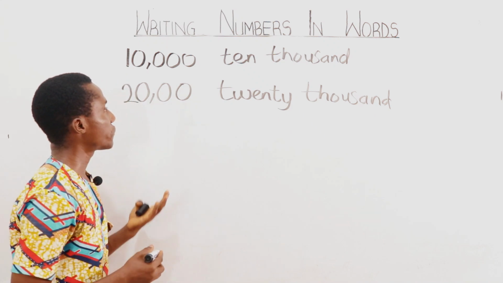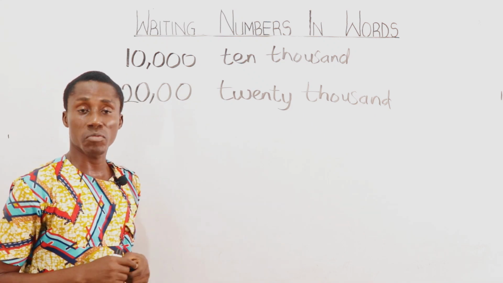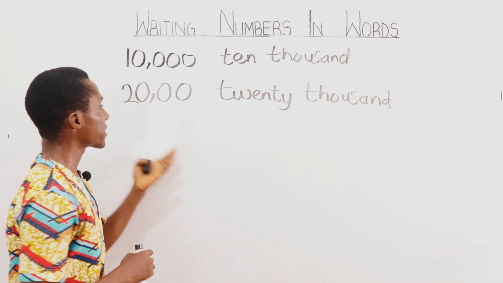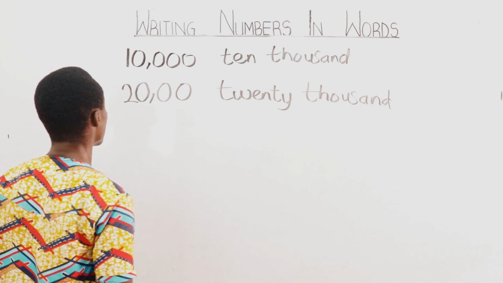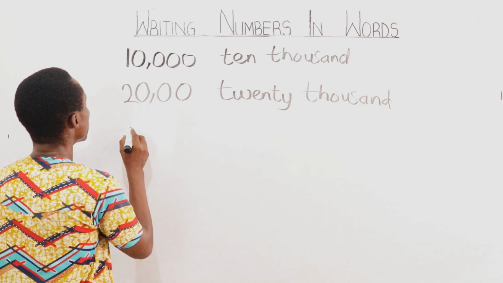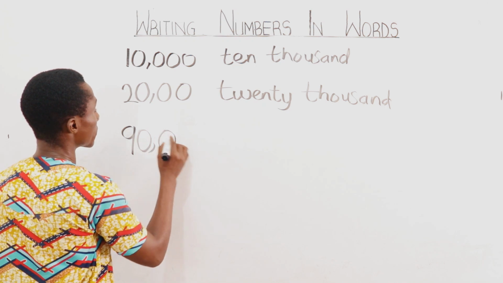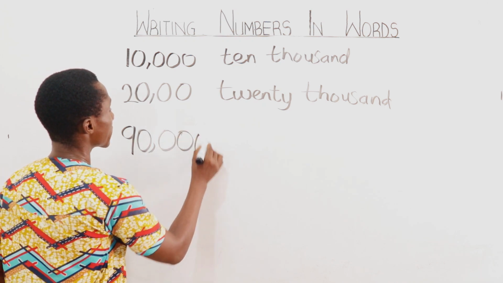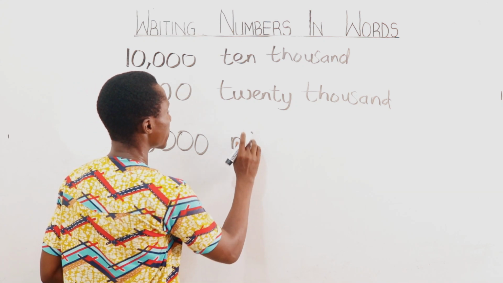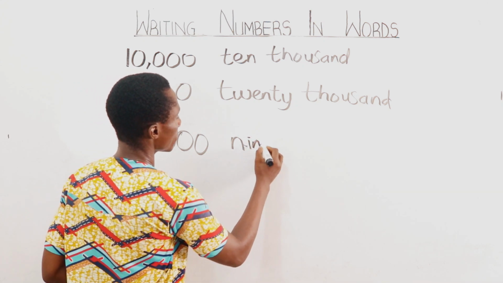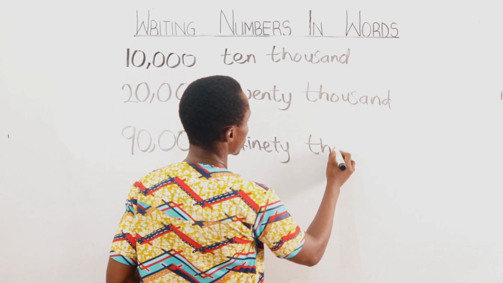Now, if we follow the same way, we will be able to write the rest of the 10,000s. The last 10,000 is 90,000, okay? And 90,000 is 90,000.